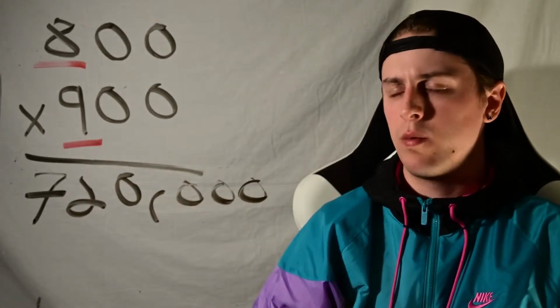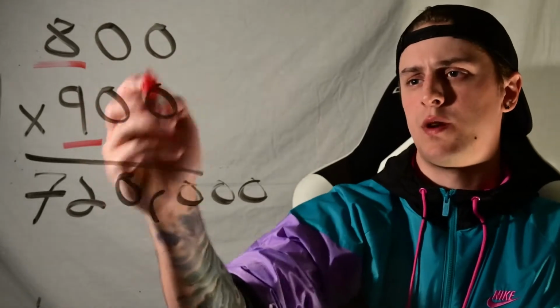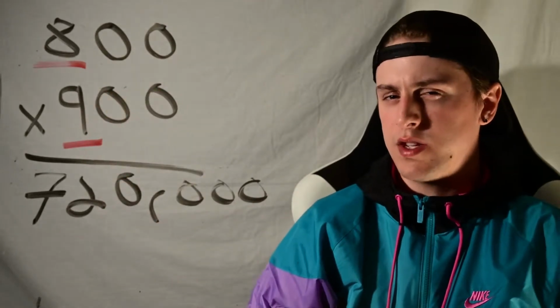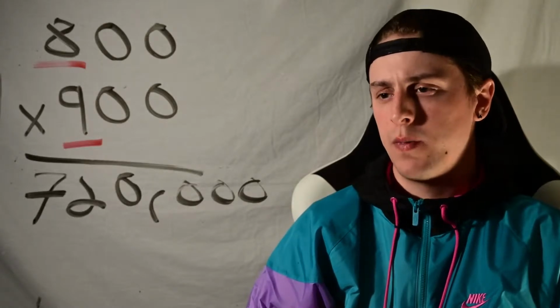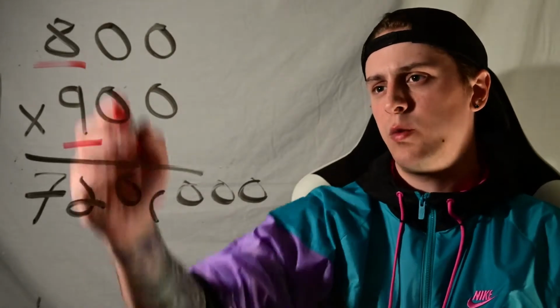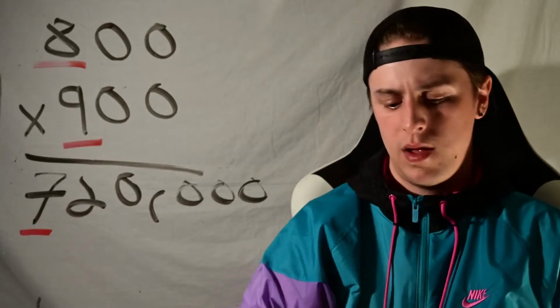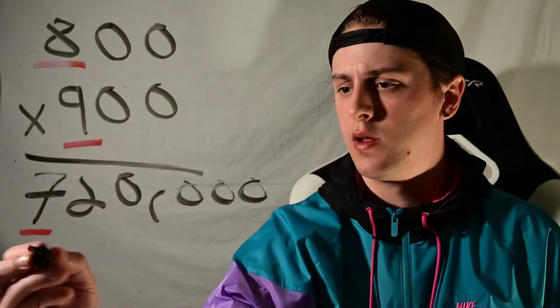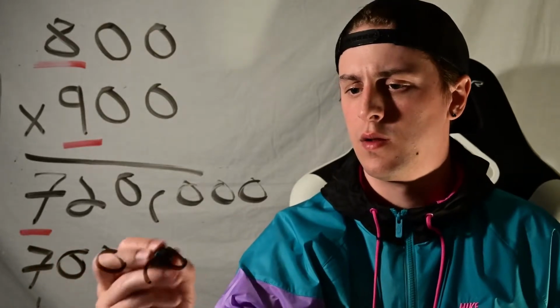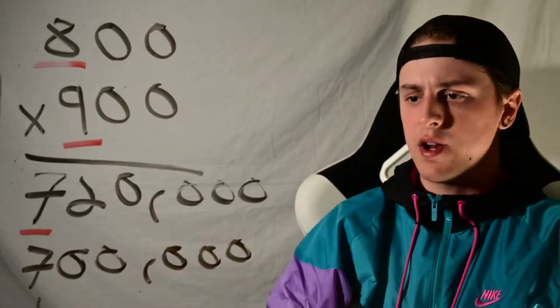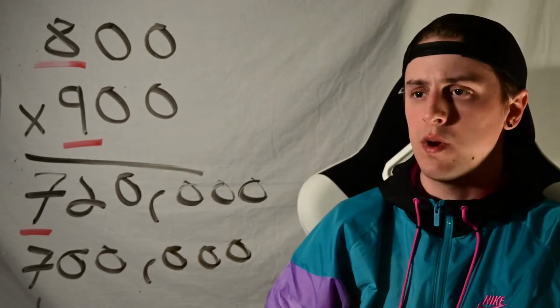Now we know we have 1. But what about these zeros here? Well, in this particular equation, these zeros don't matter at all. We're not going to count them at all. So we see we have 1, so we'll have 1. And then we have this rewritten. And that's our answer for this equation.